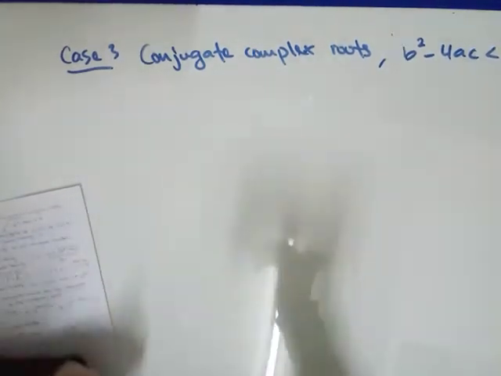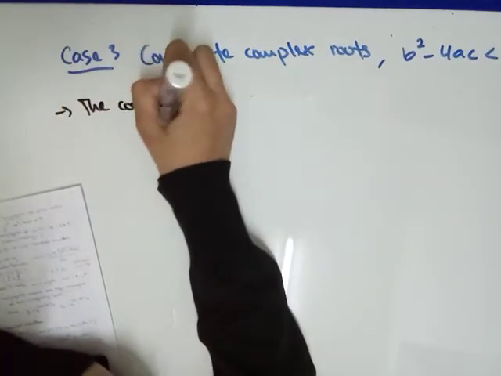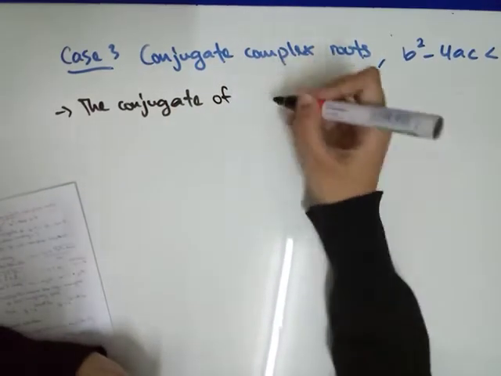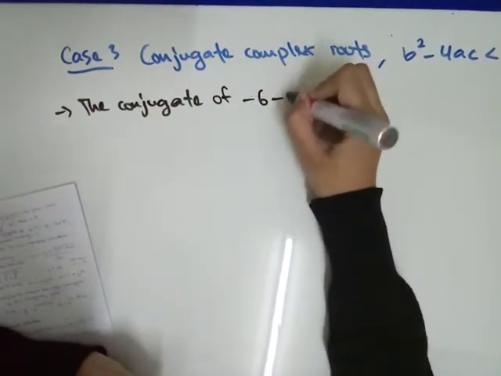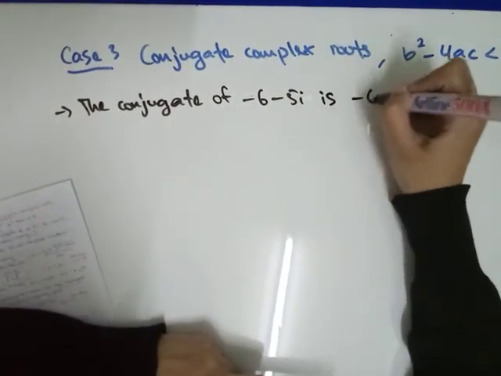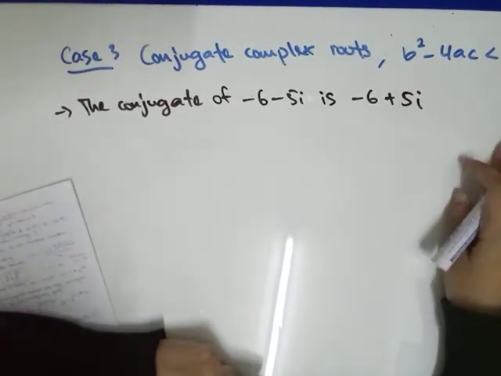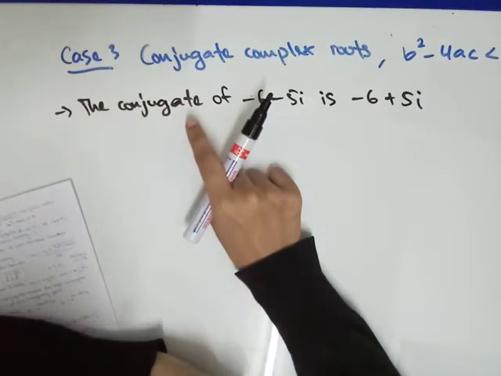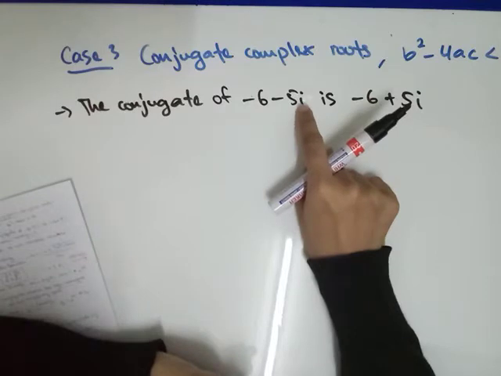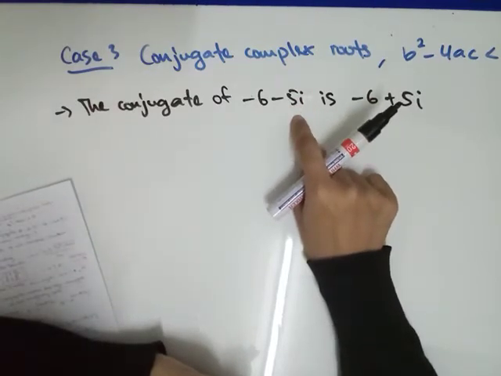The conjugate of negative 6 minus 5i is negative 6 plus 5i. Conjugate means when we have i here, we call it a complex root.